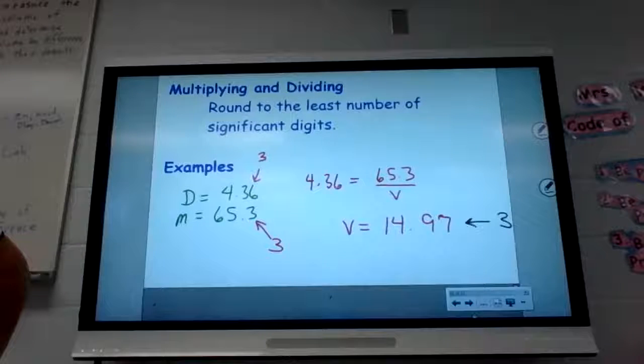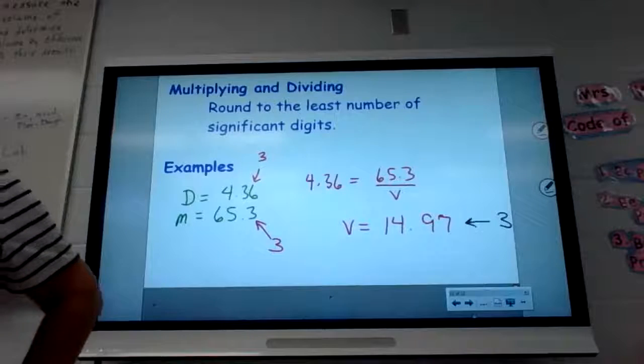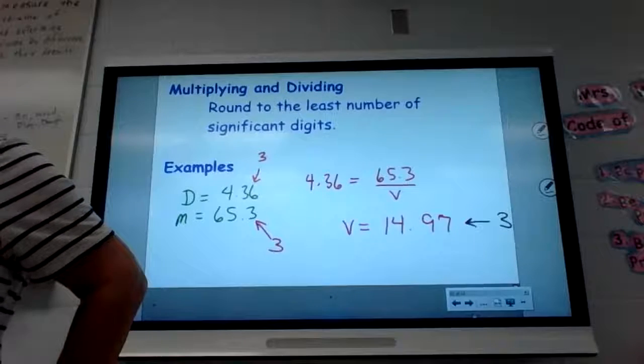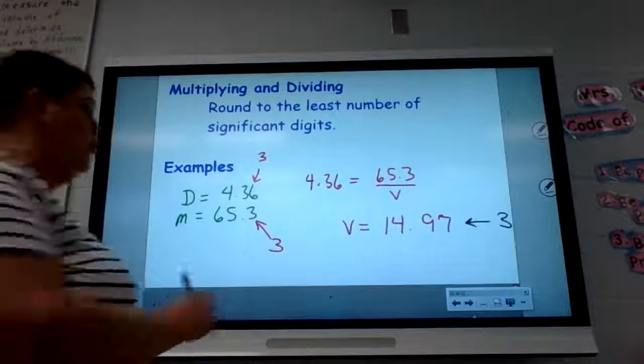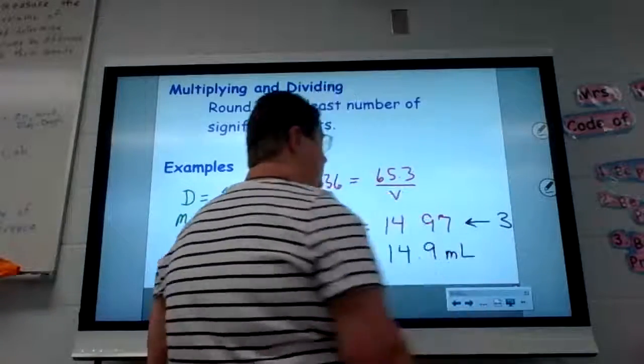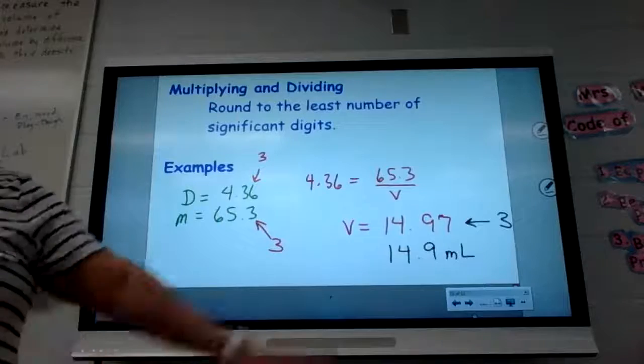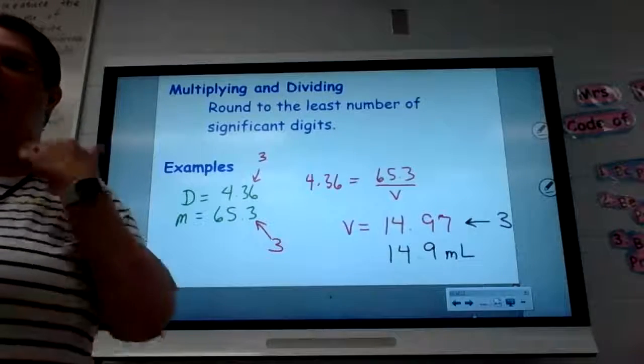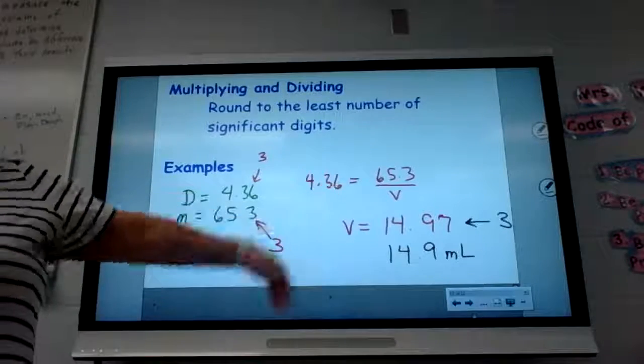Round it up. Sure. Now, some of you are looking at that and going, now, this is why I tell you, I'm not teaching rounding. If you want to say it's 14.9 milliliters, cool. You have the correct significant digits. That's all I'm grading. I'm not grading your ability to round.